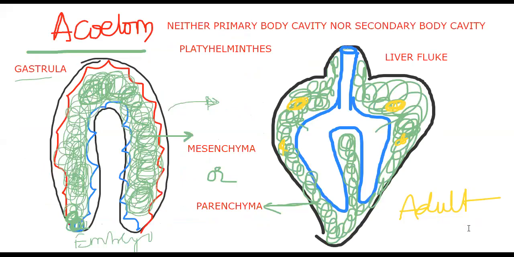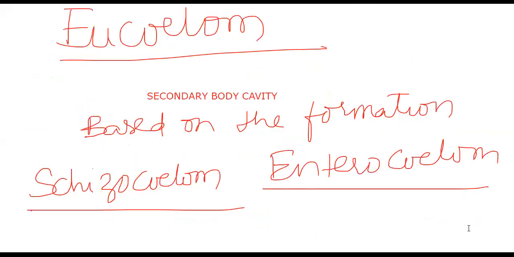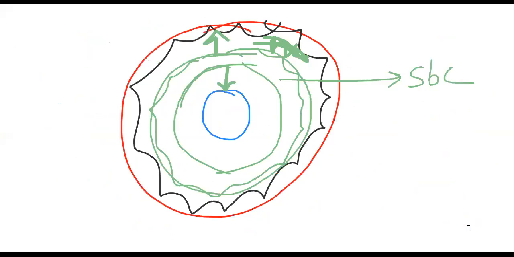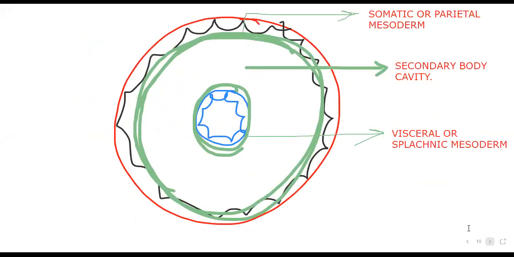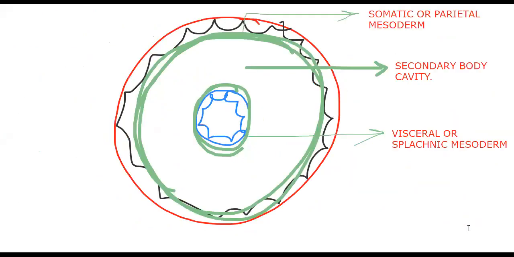If they fill the total cavity, it is acoelom. If they went towards the ectoderm, pseudocoelom. Then if they split, develop and fuse and reach both sides, we say schizocoelom. If pouches of the archenteron form and their mesoderm reaches both sides, that we say enterocoelom.